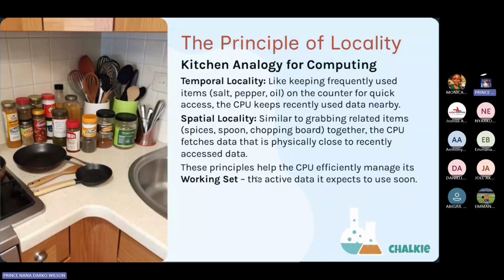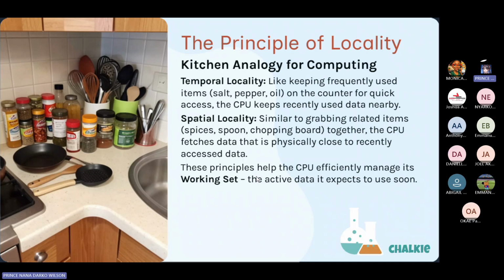All right, let's proceed. So spatial locality talks about grabbing related items all together. I go into the central processing unit, and the computer knows that this person has written a program for an addition. This is not what it builds on, but think of it that way. The person has built a particular program for addition, and in the program, we accept one input and then we accept another input, right?